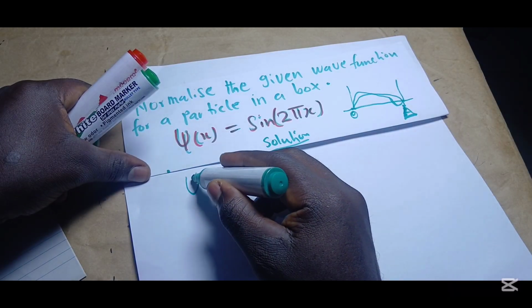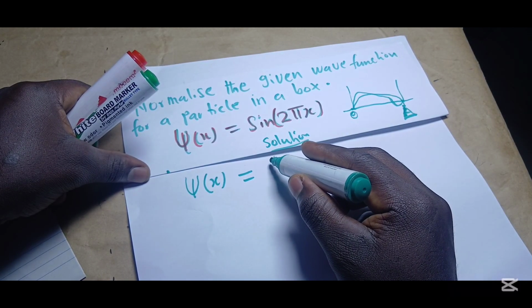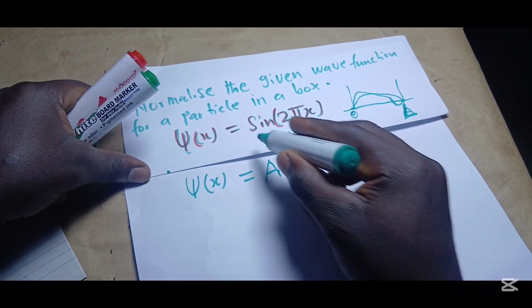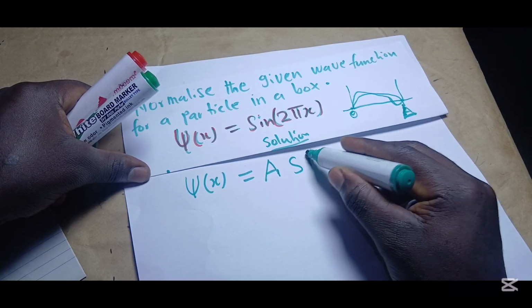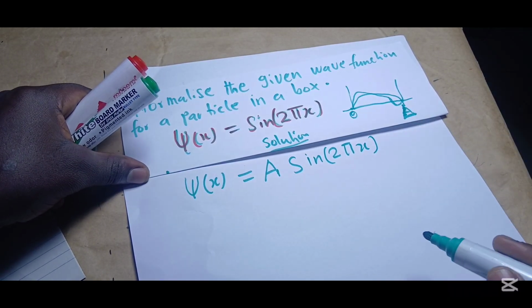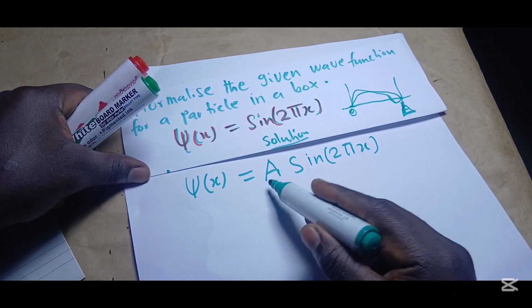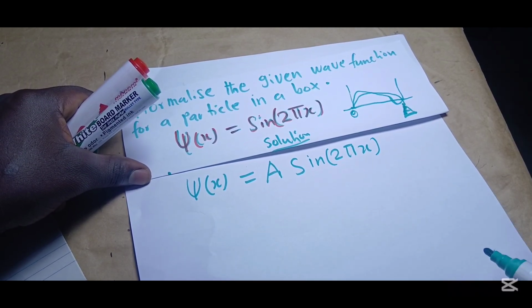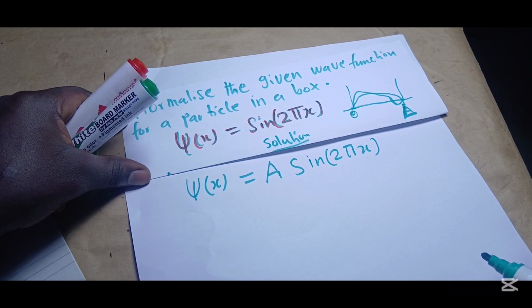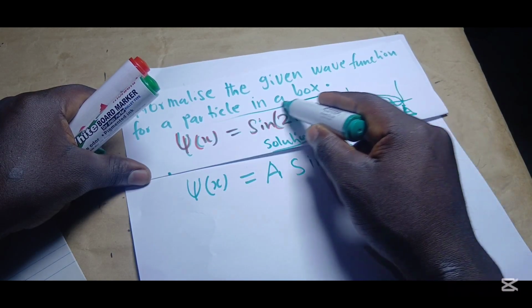If the wave function is normalized, it should be in a form where our normalization constant A is multiplying the wave function, sine 2 pi x. So we first have to solve for the normalization constant. But we have not been given any limit. But we know that we are dealing with a particle in a box.